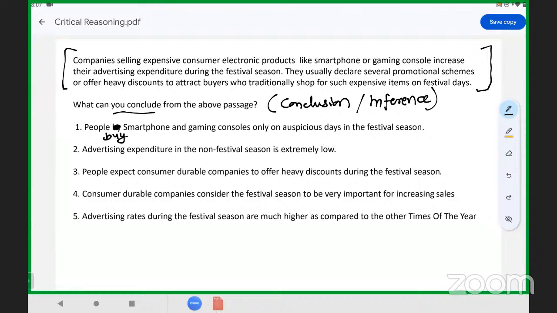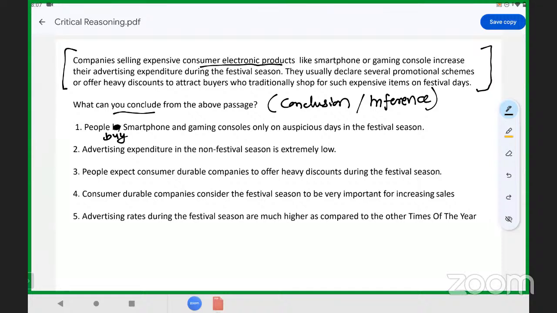So let us start. What is given over here is that companies selling expensive consumer electronic products like smartphones or gaming consoles increase their advertising expenditure during the festival. First, the statement is related to expensive consumer electronic products.